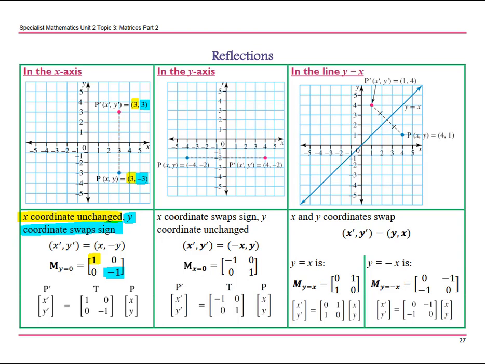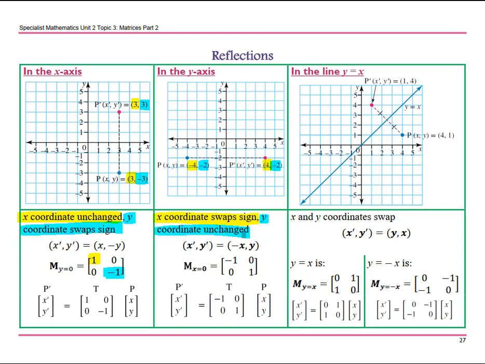So with the y-axis, our x-coordinate is the thing that changes now, and our y-coordinate stays the same. So our x-coordinate swaps sign, and our y-coordinate remains unchanged. Makes sense, because our y stays the same. It's just flipping across the y-axis.